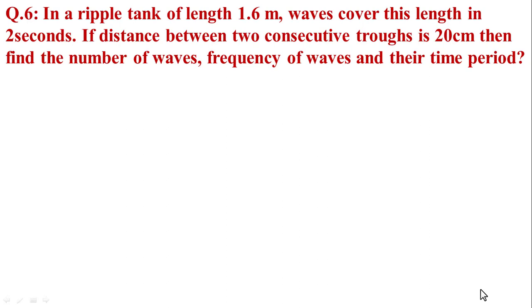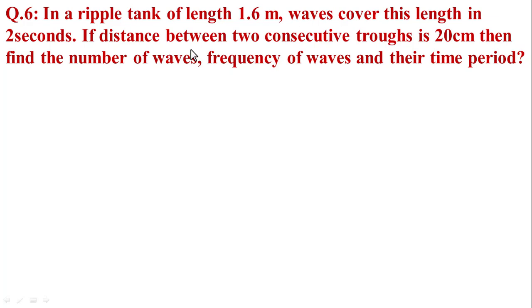Question number 6. In question number 6, the given statement: in a ripple tank of length 1.6 meter, a wave covers this length in 2 seconds. So time is equal to 2 seconds.